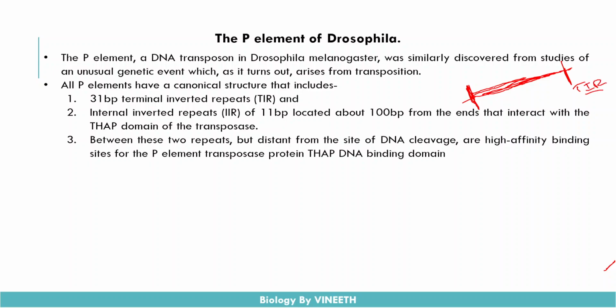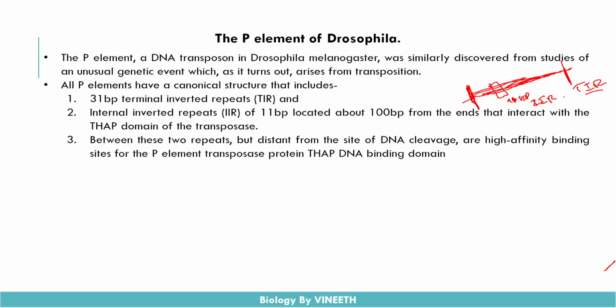And after these terminal inverted repeats, you will be seeing internal inverted repeats, which are of 11 base pairs. These are also called IIRs, internal inverted repeats, and they are involved in the binding of the transposase enzyme.